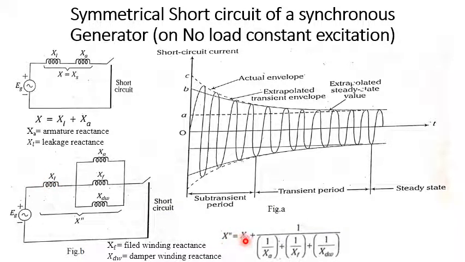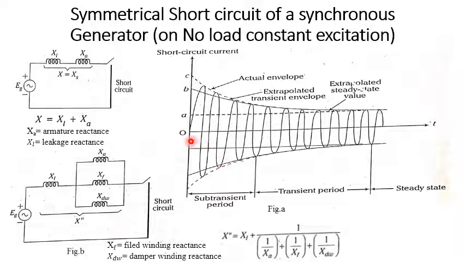So X double dash can be written as XL plus 1 divided by (1 by XA plus 1 by XF plus 1 by XdW). Here XF is the field winding reactance and XdW is the damper winding reactance. This is what we denote as the subtransient reactance.